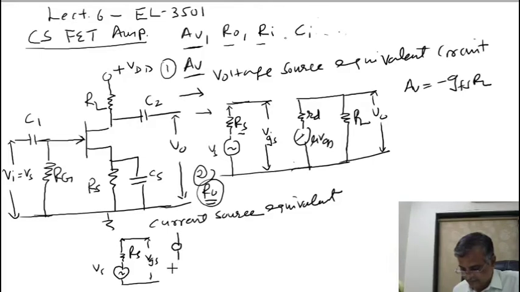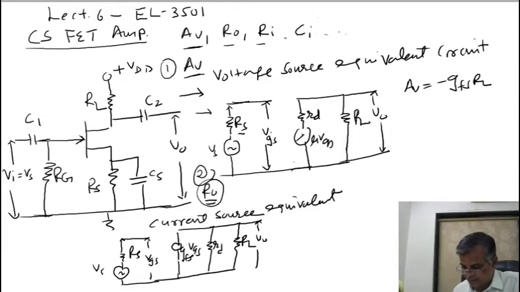This current is GFS into VGS. This is your resistance RD, this is RL, and this is output.